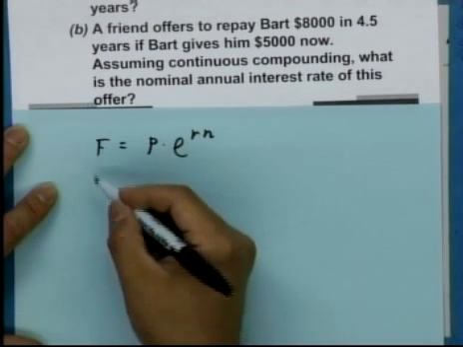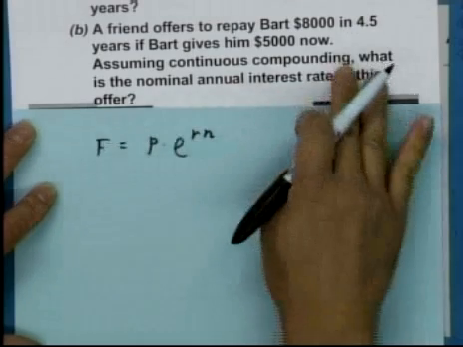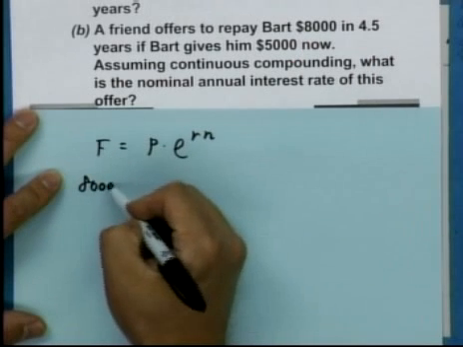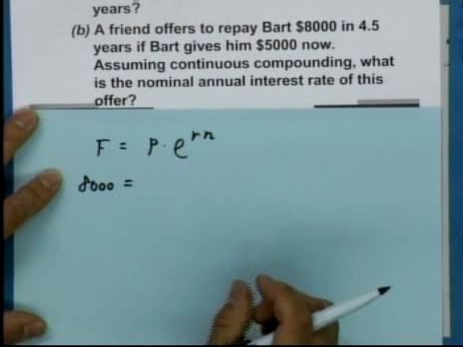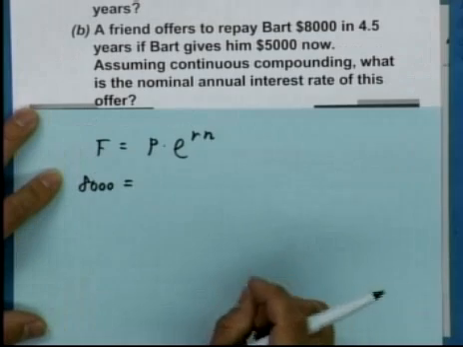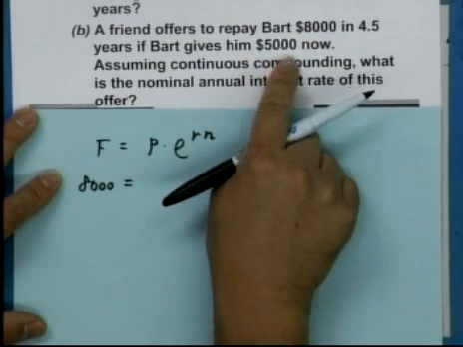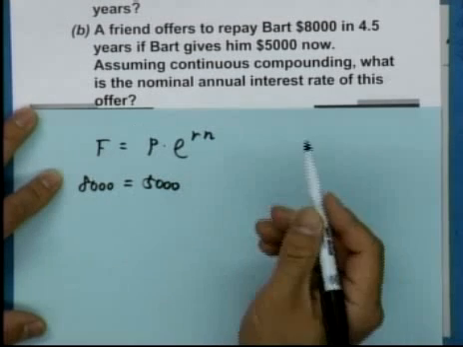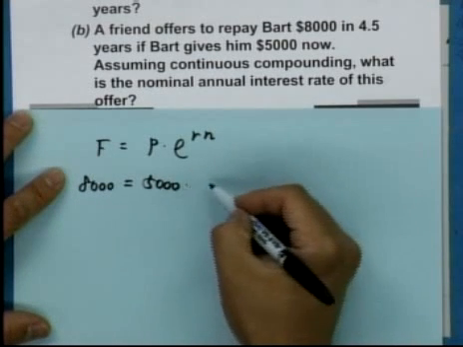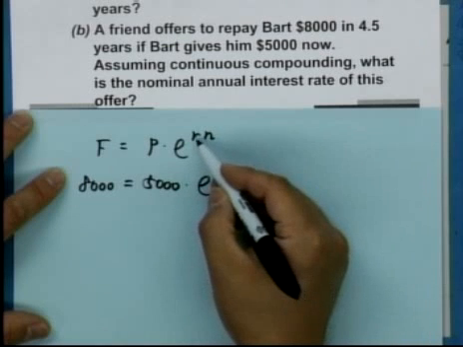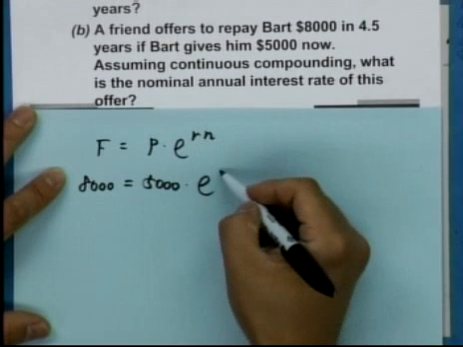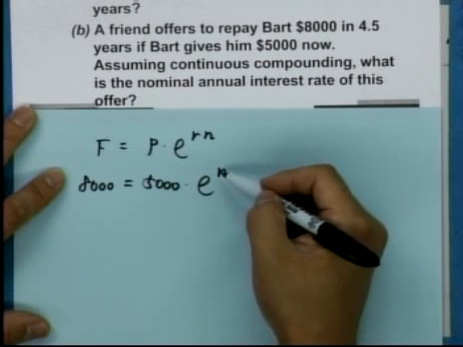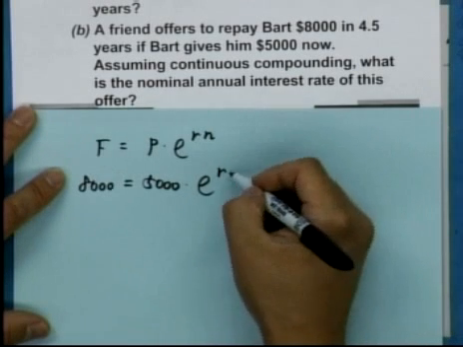Here, the future sum of money is given as $8,000, right? And one of his friends will give him $5,000 right now. So this becomes the present sum of money, P, times e to the power R. And this time, we don't know the value of R, the nominal interest rate of this offer.